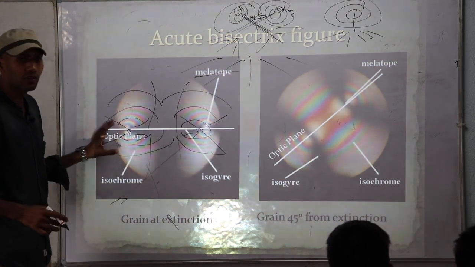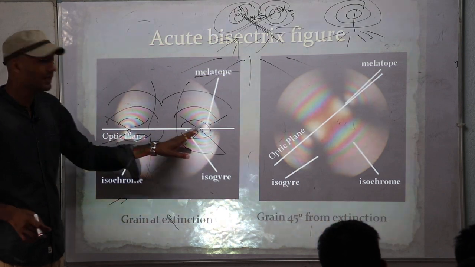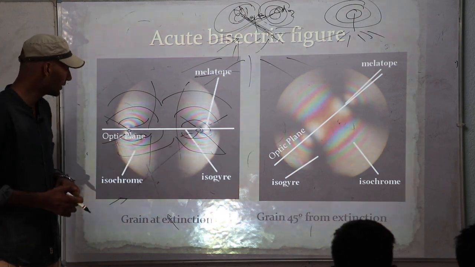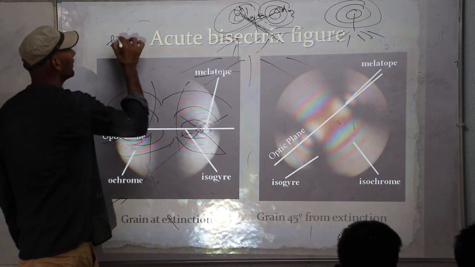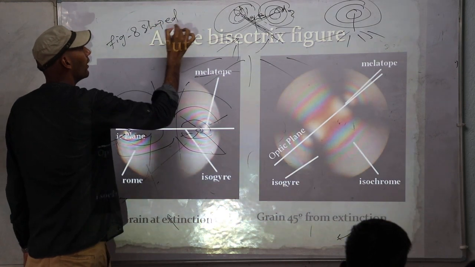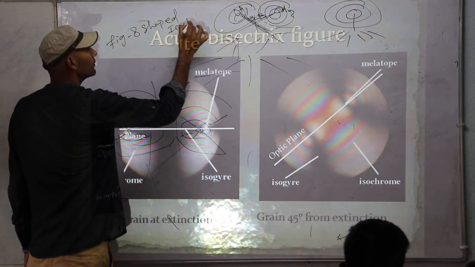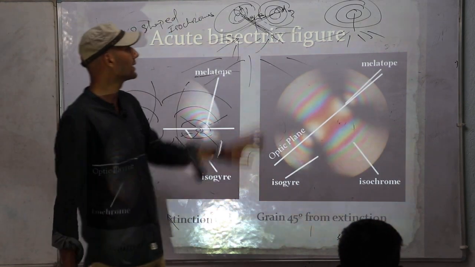The circular isochromes are not circular now. They are ellipsoidal, you can say elliptical, or figure 8 shaped. That is due to the effect of both optic axes.